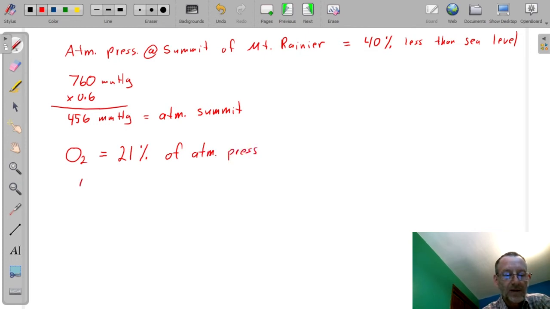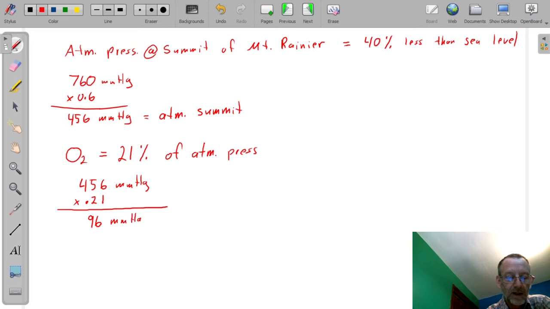So our atmospheric pressure is 456 millimeters of mercury times 0.21, and we come up with, with a little bit of rounding, 96 millimeters of mercury, which equals the partial pressure of oxygen at the summit.